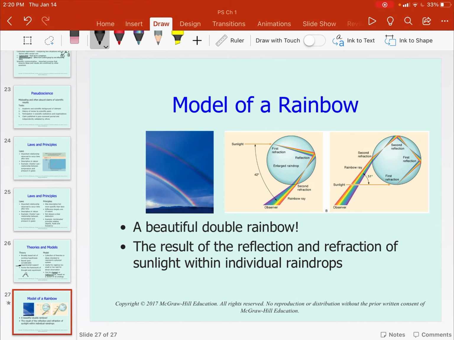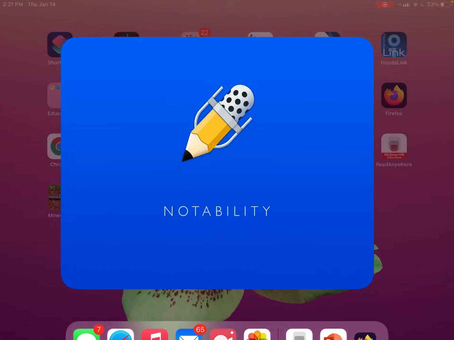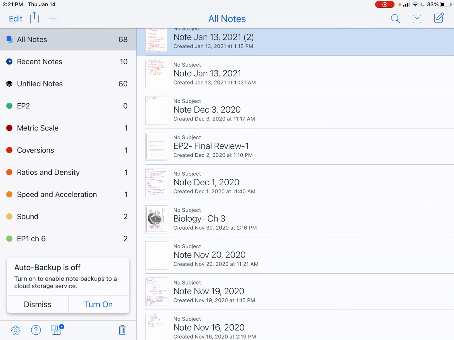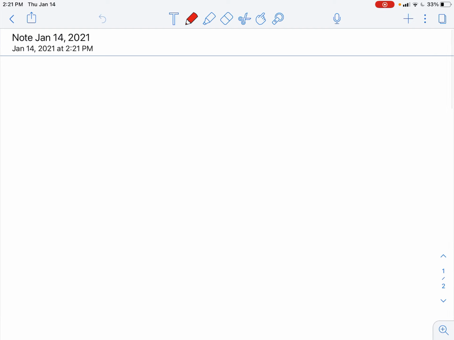Okay, so I want to go over the rules to significant figures really quick. And I would like for you guys to write these down with me.